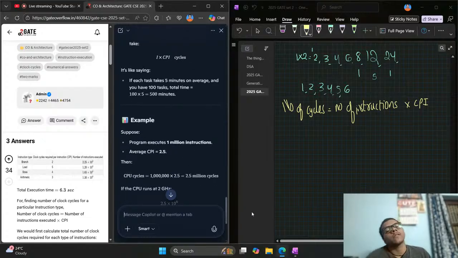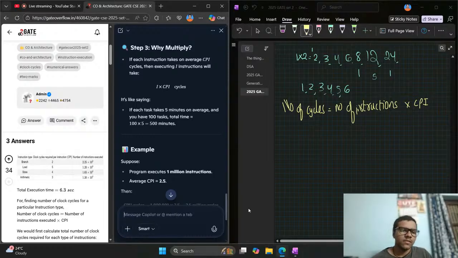If each task takes 5 minutes on average, we have 10 tasks. It needs 2 clock cycles and, okay, 2 million such.